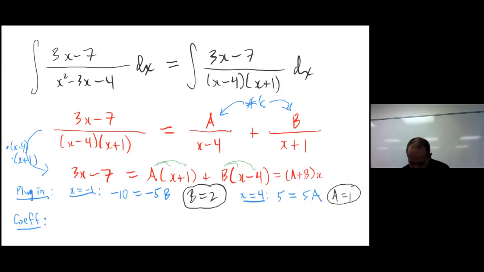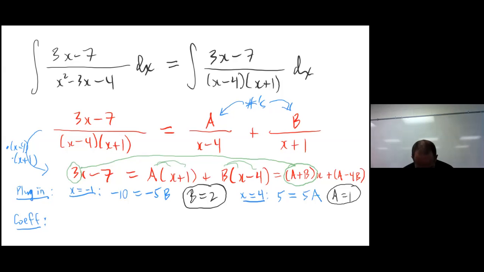And what would I have for the constant term? A minus 4B. Do you see that? So this 3 that's sitting in front of this X, I would have to pair that off with A plus B. After all, that's what's sitting in front of X. Okay?